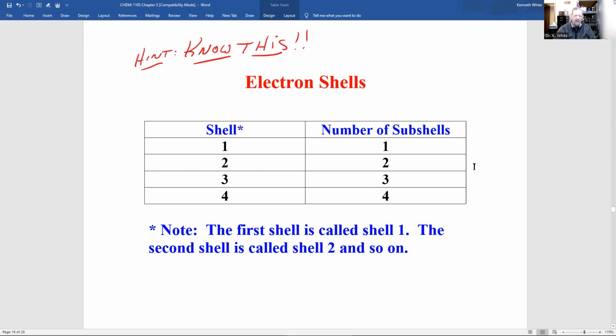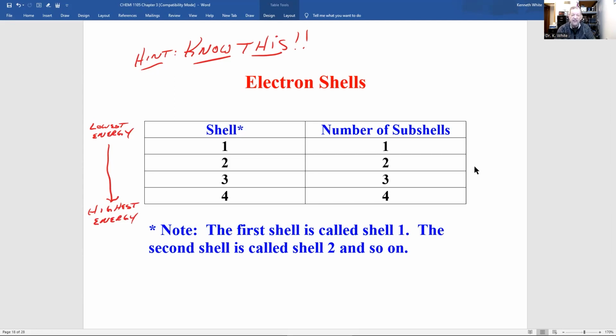But anyways, important thing that you need to know. In this table, shell 1 is the lowest energy shell.